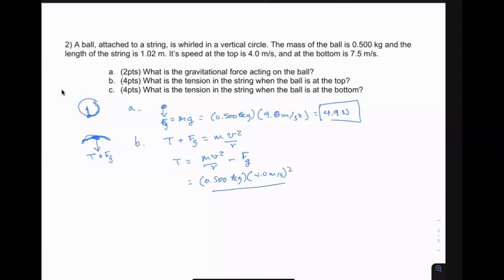And we divide it by the length of the string, which is the radius of the circle. So that's 1.02 meters in the denominator. So we have meters squared in the numerator and meters in the denominator. So that becomes kilogram meters per second squared, or newtons.